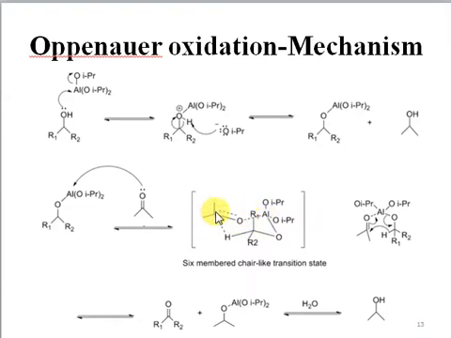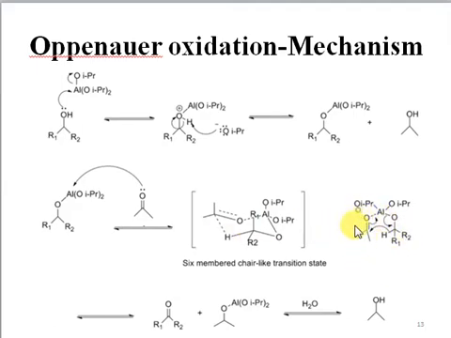So this carbon is getting a partial positive charge, and this hydrogen of this alcohol is showing affinity for this carbon, right? This hydrogen will actually migrate to this carbon, and when it migrates, it will take the electrons with it, right? So this hydrogen will attack this carbon, and it will transfer as hydride ion, H negative ion, right?